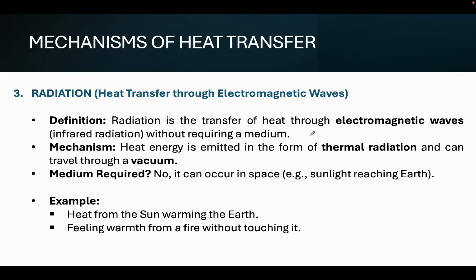What is the mechanism of radiation? The heat energy is emitted in the form of thermal radiation, and it can travel through a vacuum. Do we need a medium? No, because it can occur in space. For example, sunlight reaching the earth.